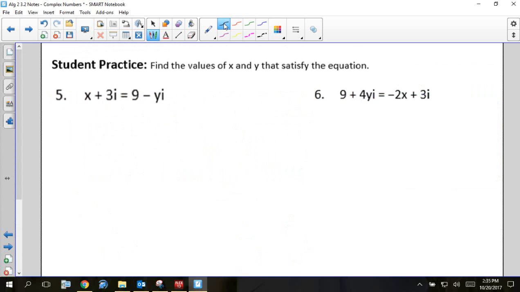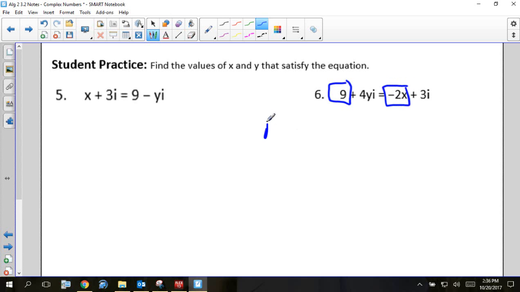Let's do 6, because that one looks harder. I'm looking at the two sides of the equation, they're equal. So 9 is the real part, and the real part has to equal the real part on the other side. What part on the other side doesn't have an i? The negative 2x. So those have to be equal.